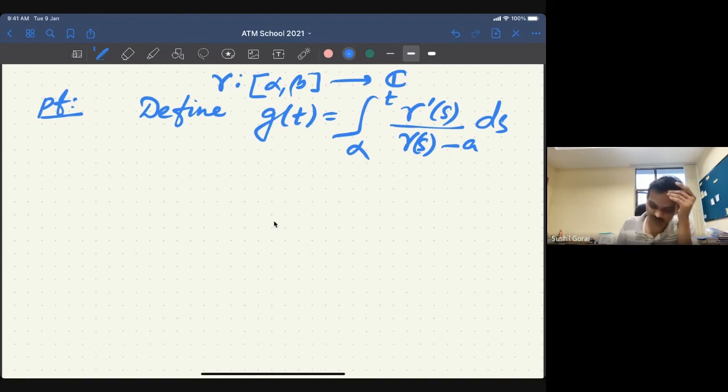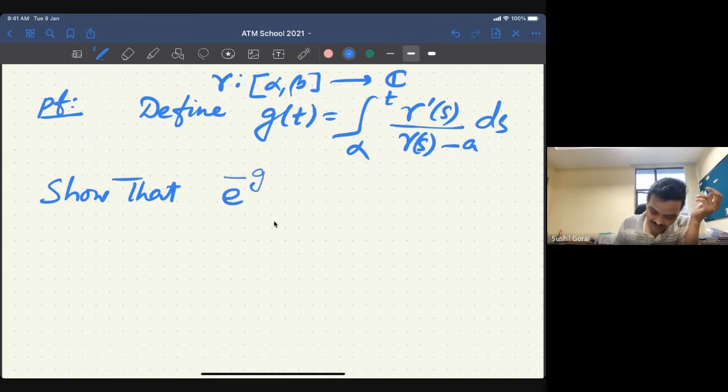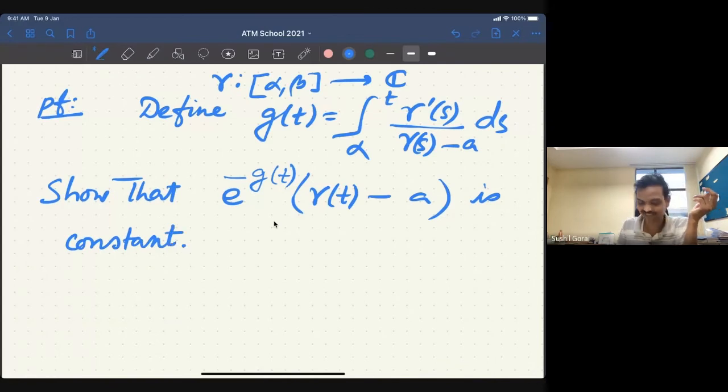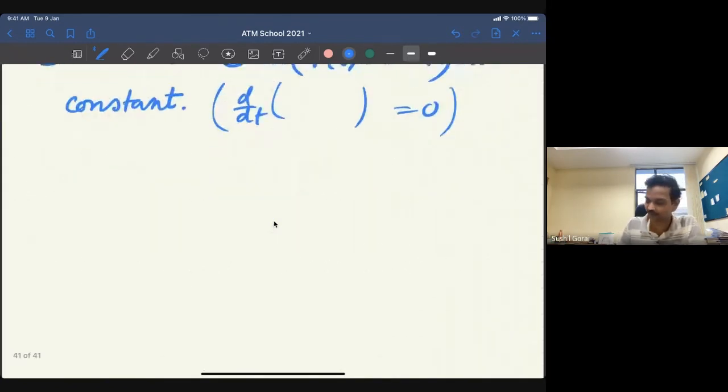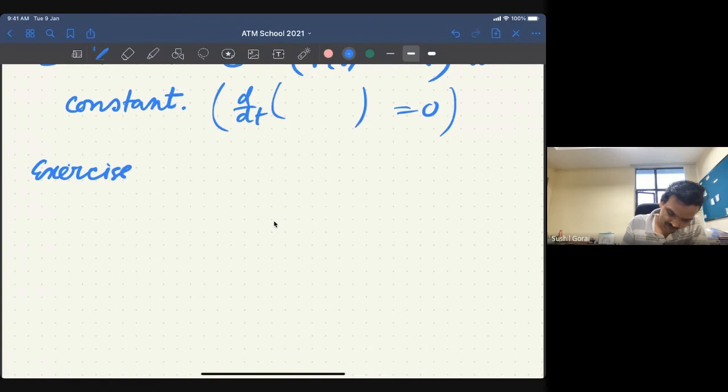Actually, you will show that e to the power minus g(t) times gamma(t) minus A is constant. So which means the derivative is 0, which means d/dt of the whole thing is 0. So this is an exercise. Now the exponential property will give you this. So complete the proof as an exercise.